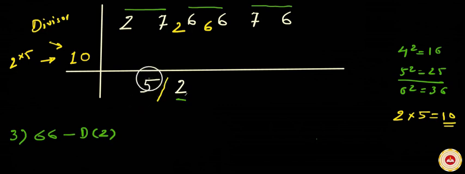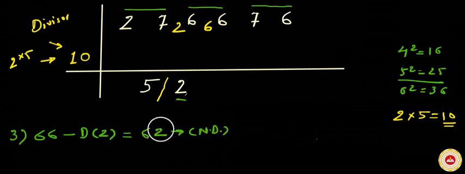This 5 is not a quotient digit, that means we haven't got this 5 by the process of division. So this 2 will be our first quotient digit. So 66 minus the duplex of 2. What is the duplex of 2? 4. So 66 minus 4 is 62, and this 62 is the net dividend.